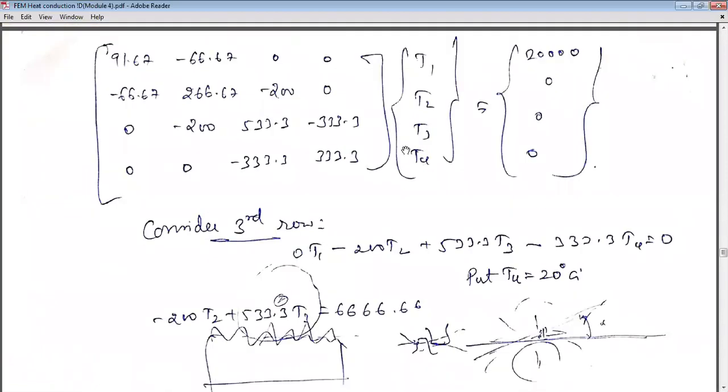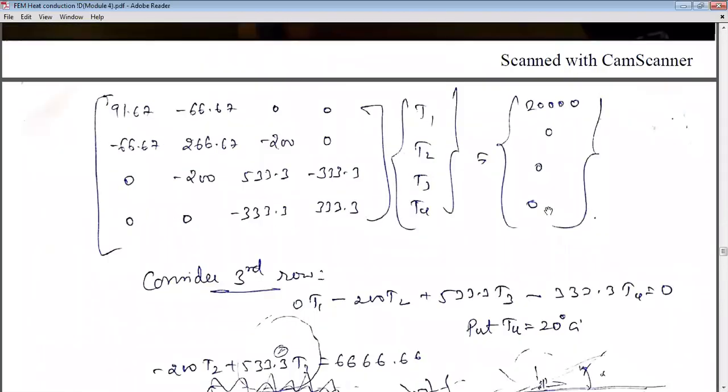Once T4 is specified, consider the row which does not contain 0 in the fourth row or fourth column. Look at this. This is the row which is going to get eliminated in the next step.